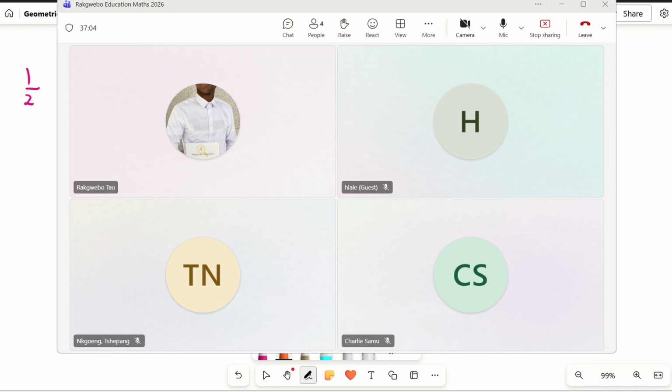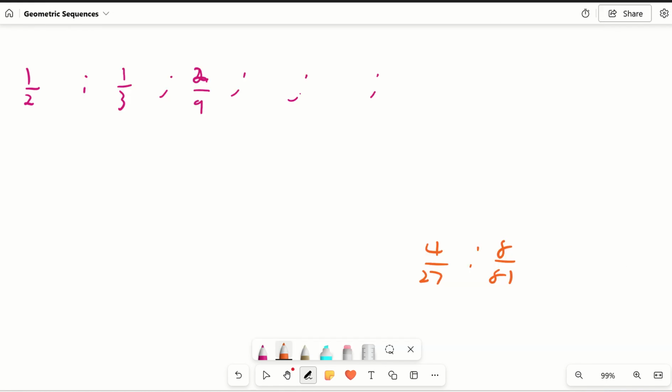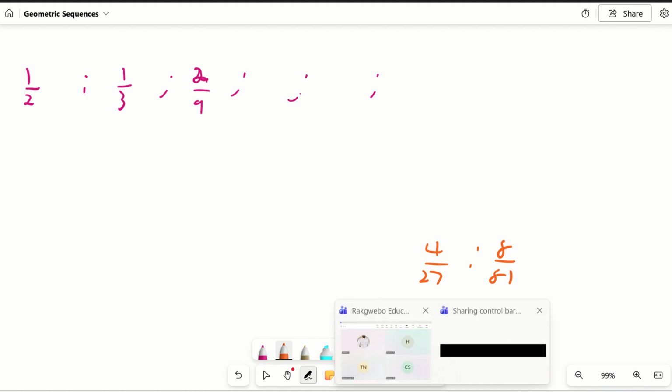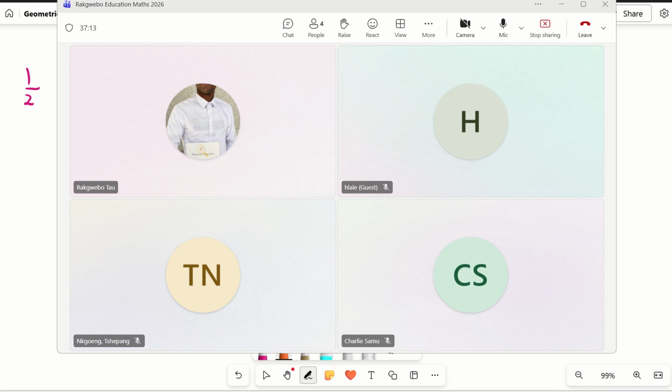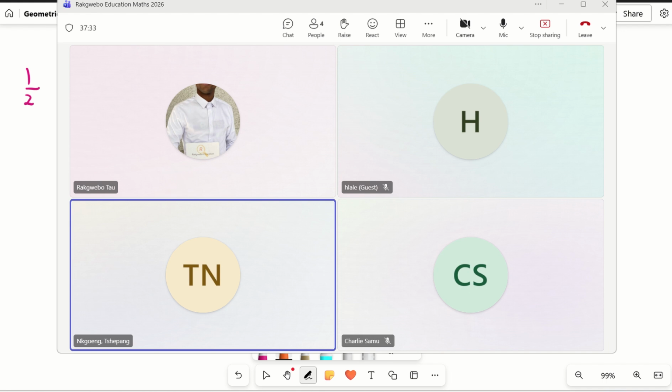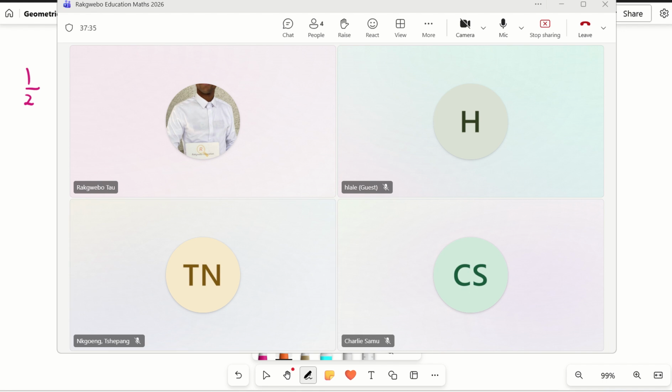Yeah. So Charlie says 4 over 27, 8 over 81. I'm going to write it there at the bottom. I'm waiting for Bashali and Tungkweng to also tell me what they got. Okay, Sabang got the same, and then Bashali.